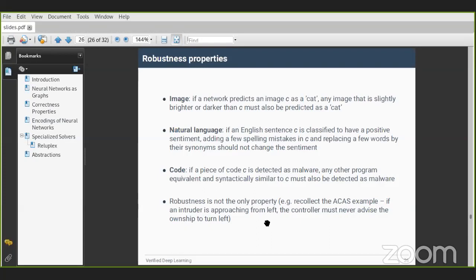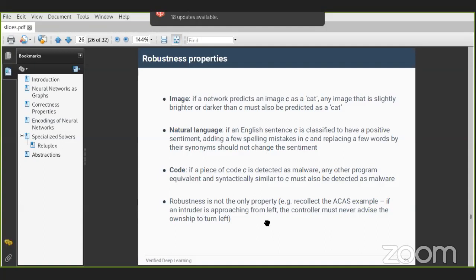But you still have a desirable property that you would want to prove: you take an image, increase or decrease its brightness just a little, and if the original was predicted as a cat, the new one should also be predicted as a cat.